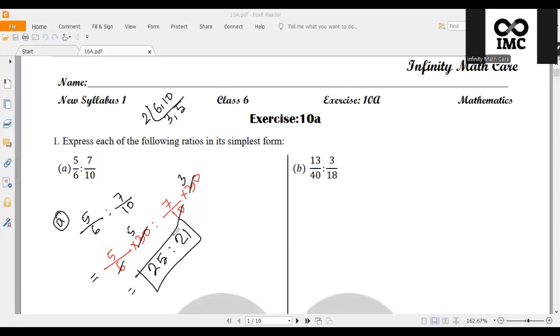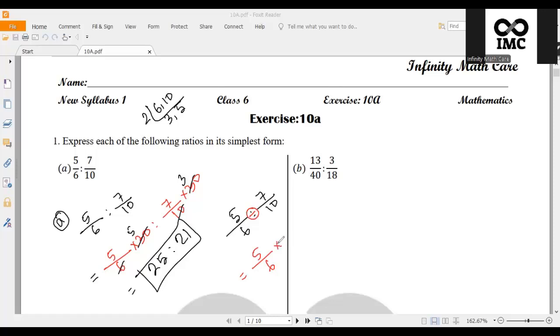We can solve this one in a different way, that is 5 by 6 is to 7 by 10. When you see there are two terms, then we can say that this is actually the division. So instead of ratio, if we write division, then what will happen? In a division of fractions, we take the reciprocal after the division sign.